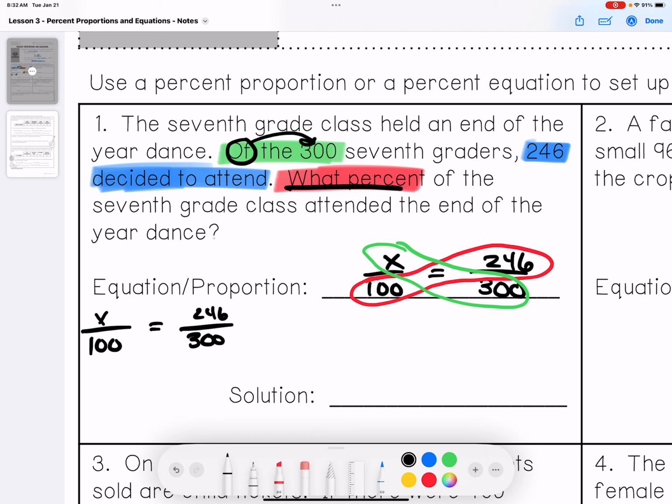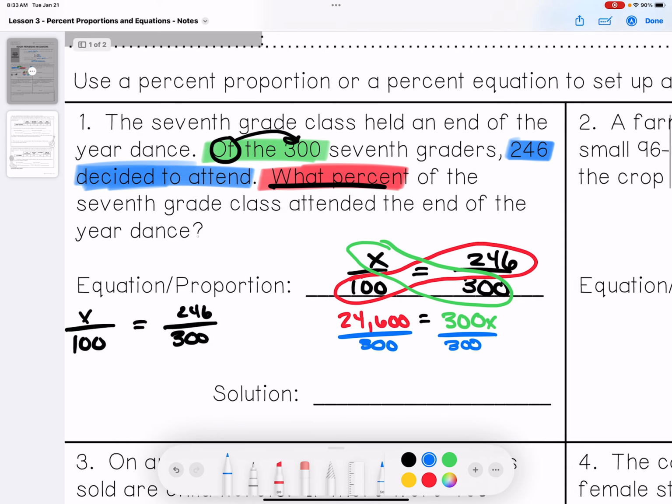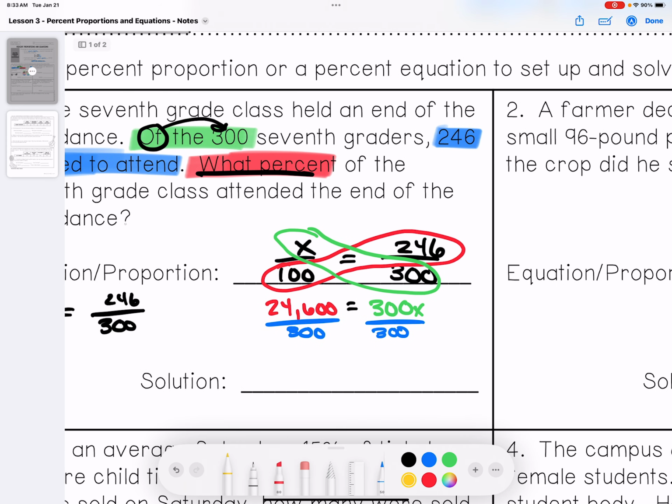Let's do the butterfly first. 100 times 246 is a big old number. It's going to be 24,600. And then 300 times x is going to be 300x. And then you're just going to divide both sides by 300, and you're going to get 82 equals x.